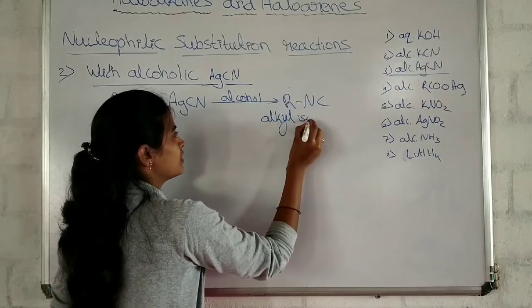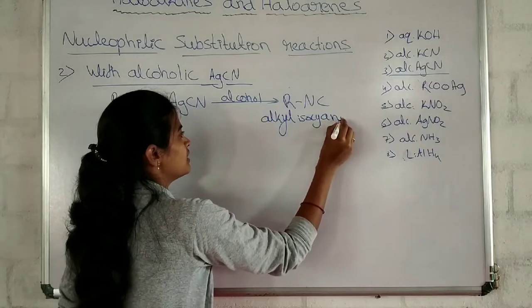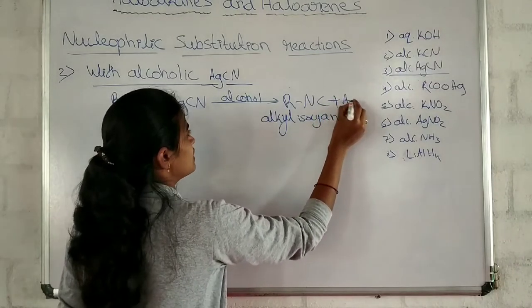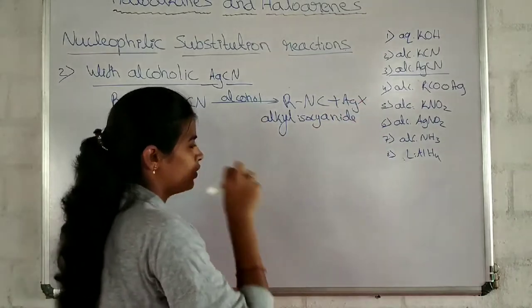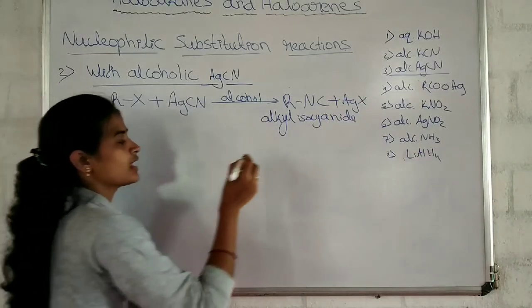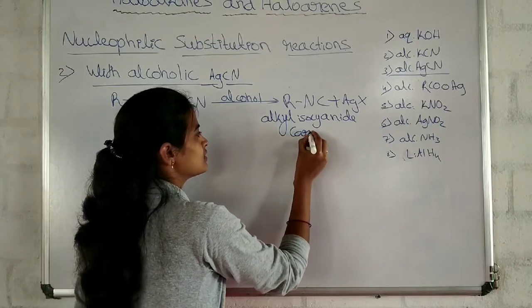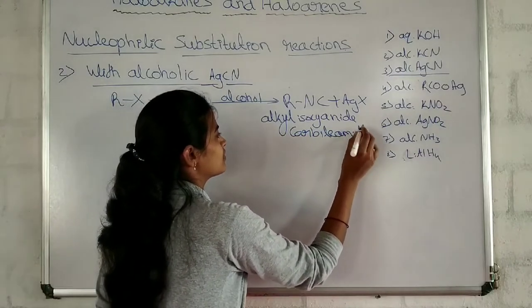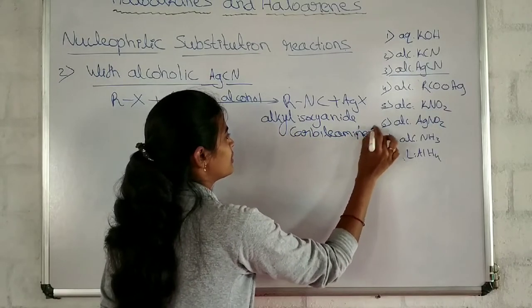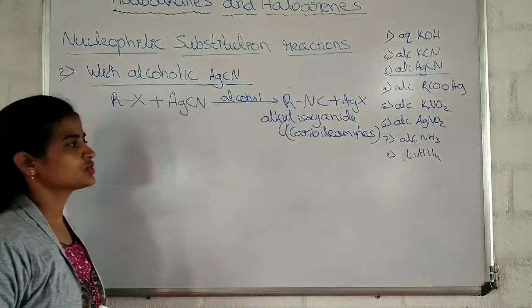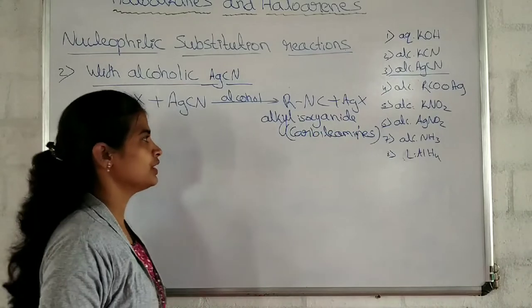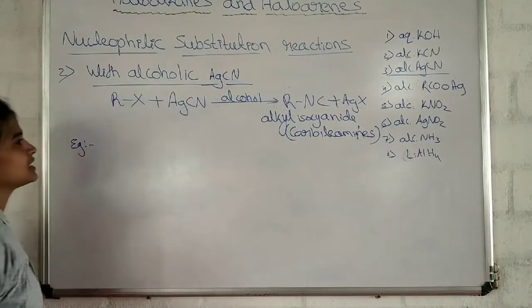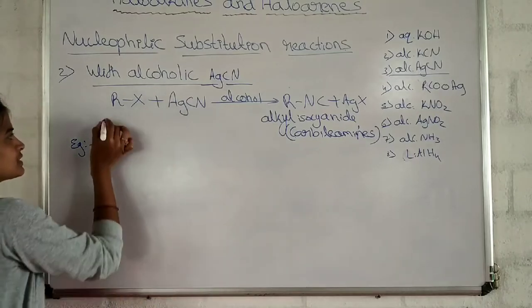Alkyl isocyanide plus silver salt, AgX. Isocyanides are also called carbylamines. Why it is so, we'll see later. Let us study the example first.